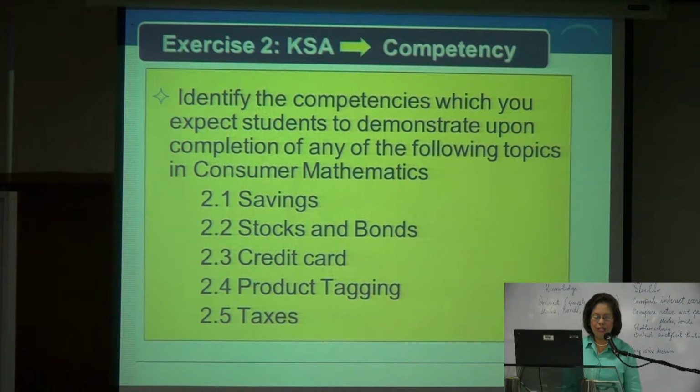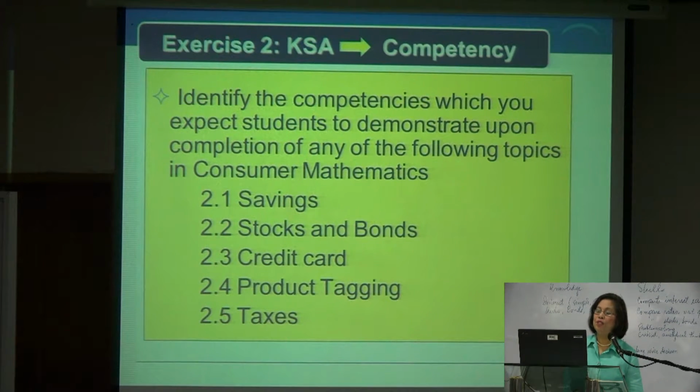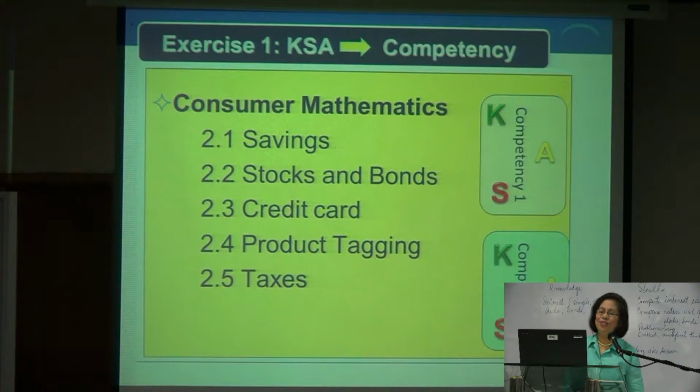You will have to identify the competencies that the student should demonstrate upon completion of any of the following topics. This was mentioned earlier. Because we have to identify the knowledge, skills, and attitudes for every competency.